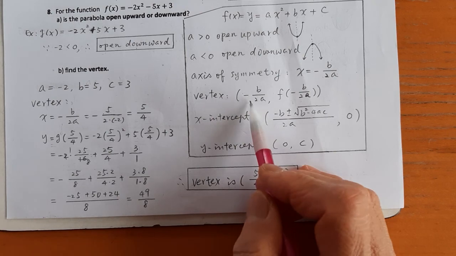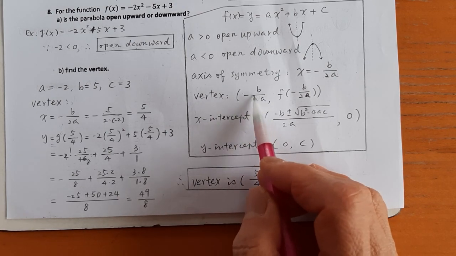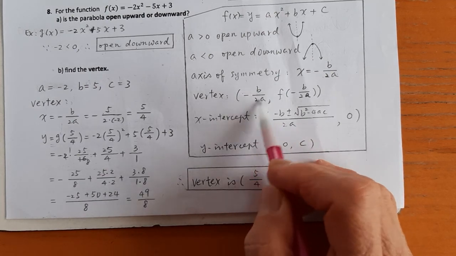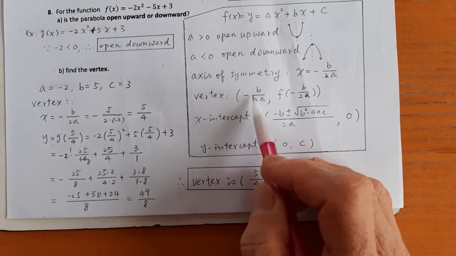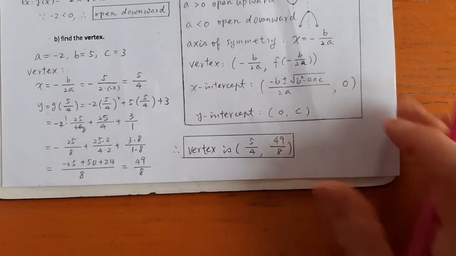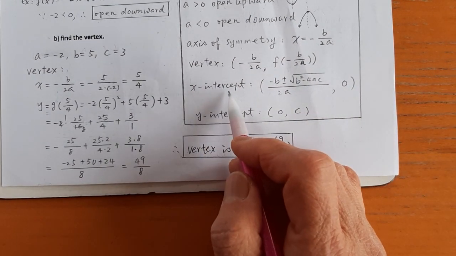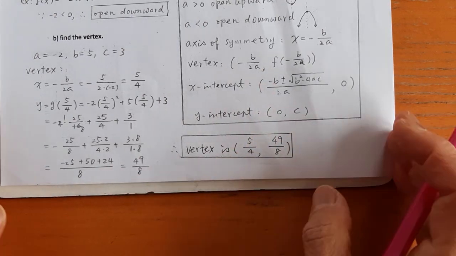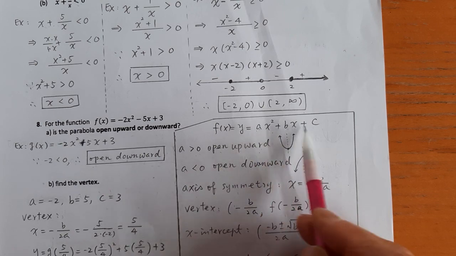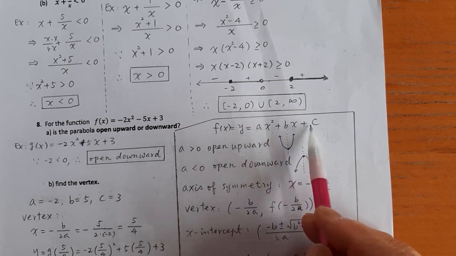Vertex: the x coordinate is -b over 2a. The y coordinate: once you get the x coordinate, plug into the function and you get the y value. For the x-intercept, you let the original function's y coordinate equal 0 and solve for x. If it can be factored, you can factor it.